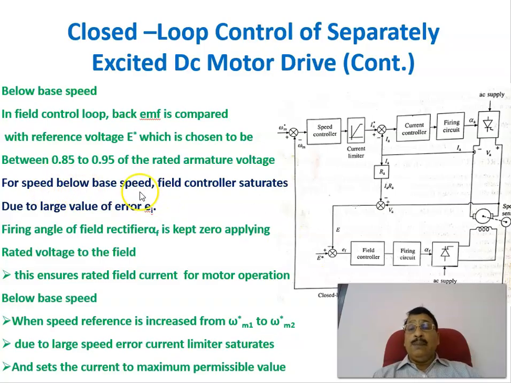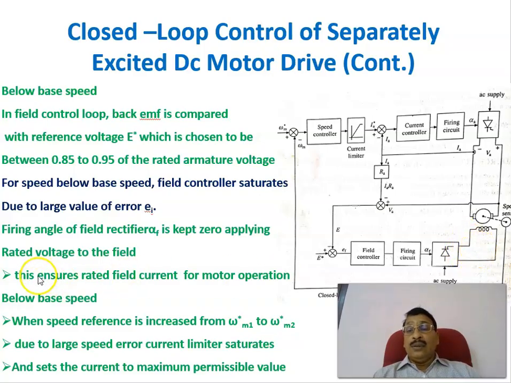For speed below the base speed, the field controller saturates due to the large value of this error. That field controller, a PI controller, gets saturated, and the firing angle of the field rectifier, alpha F, is kept at 0, applying the rated voltage to the field.